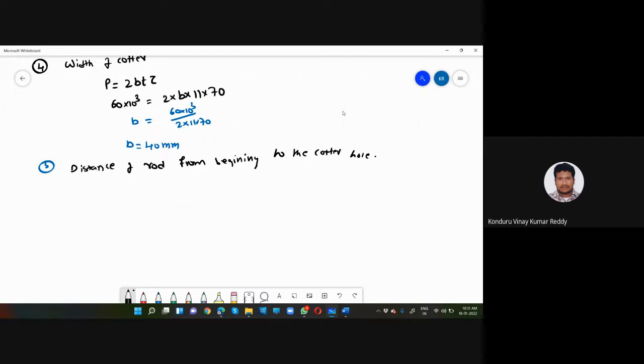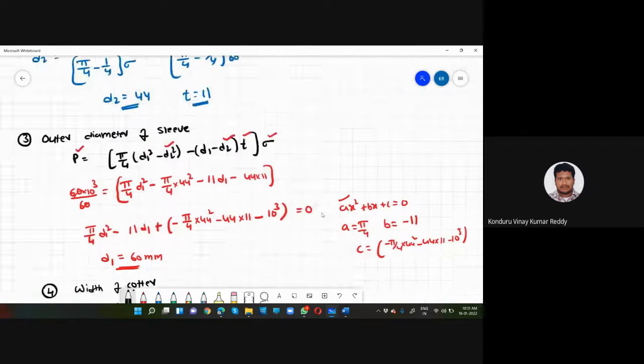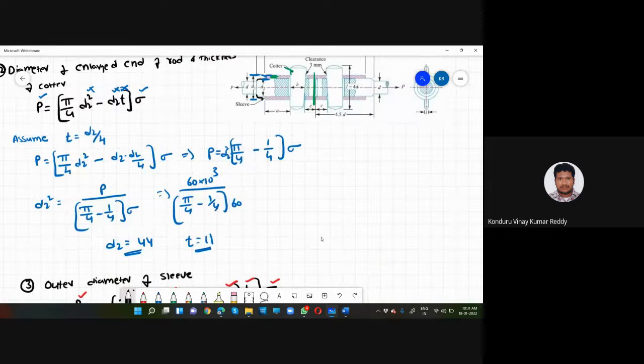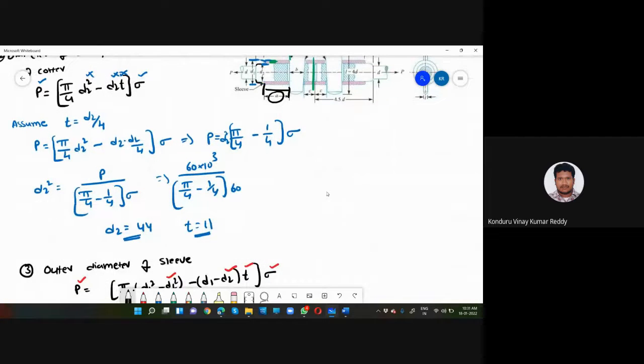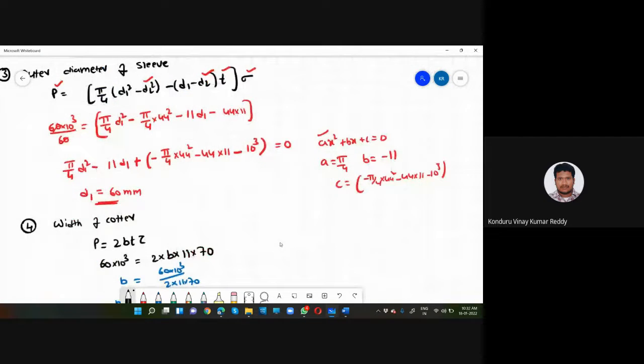Okay, I will show you in the figure. Here, from here to here, this is what we are going to find, the A value. Similarly we have to find the C value also, from here to here. If you find both values, our answer will be completed.